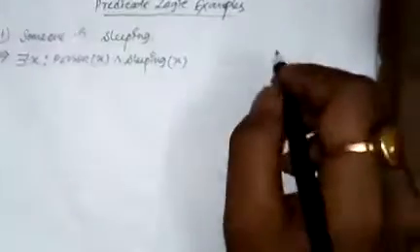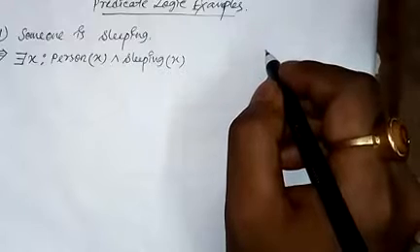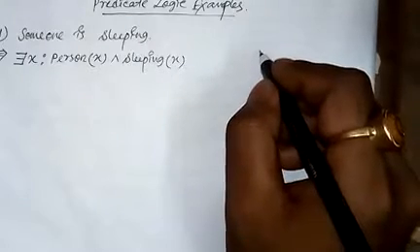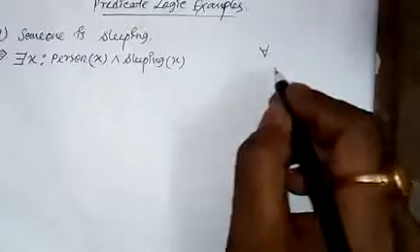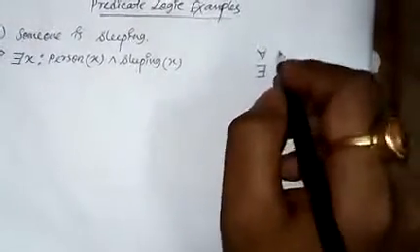Let me tell you one important thing: we know that there are two quantifiers. One is for all and the second one is there exists.